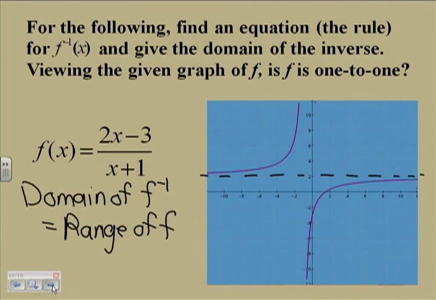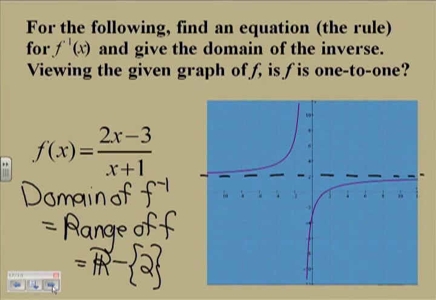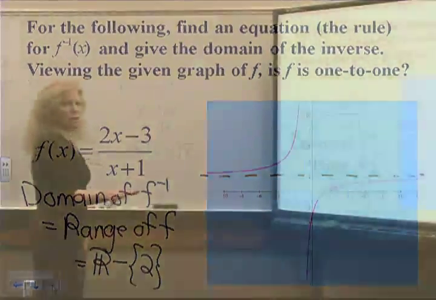Now, I know that's not terribly fair to you right now, but I'm helping you out, okay? So I can say that this domain is all reals except 2. And here's one way you can write that, generally accepted by most math instructors. So that's the domain.